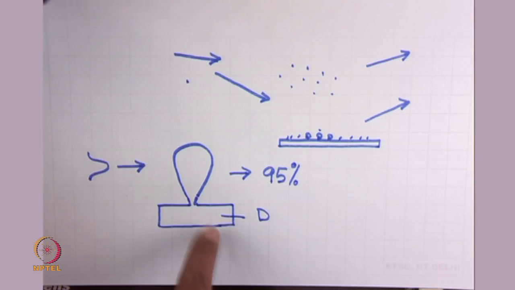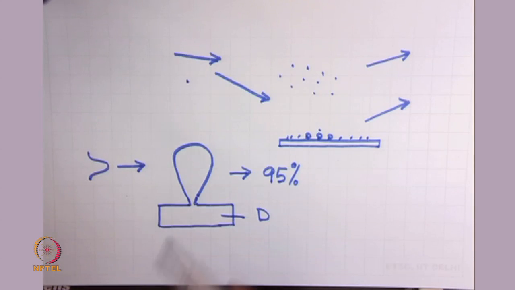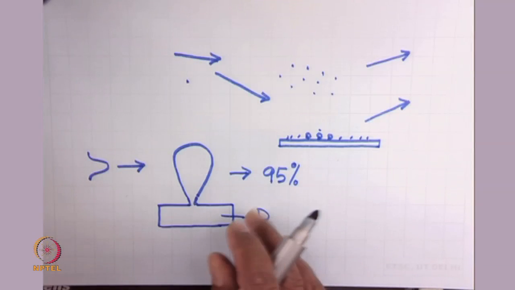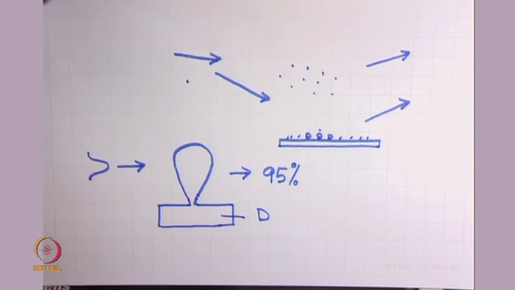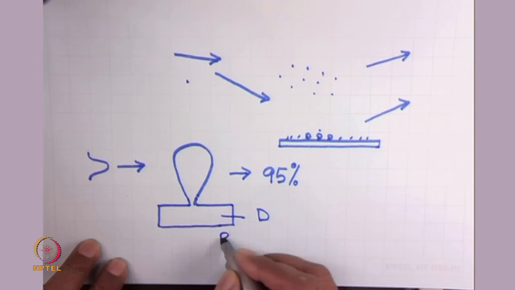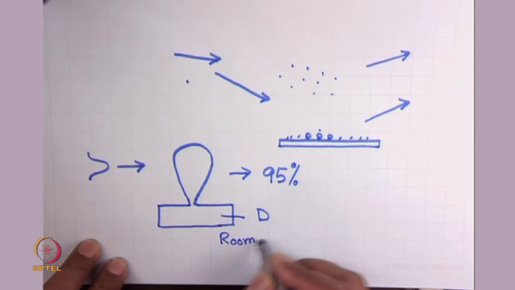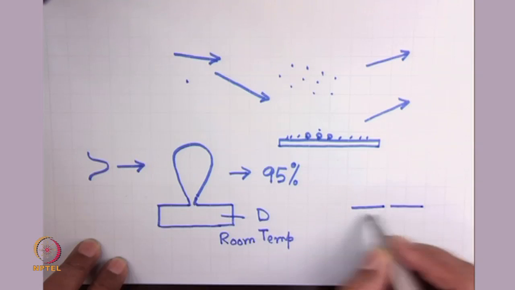However, when the temperature was lowered to liquid nitrogen temperature, it was found that nearly 95% of laser light was absorbed, only 5% was transmitted. So this was at room temperature or high temperature, and at a low temperature the same experiment demonstrated this.